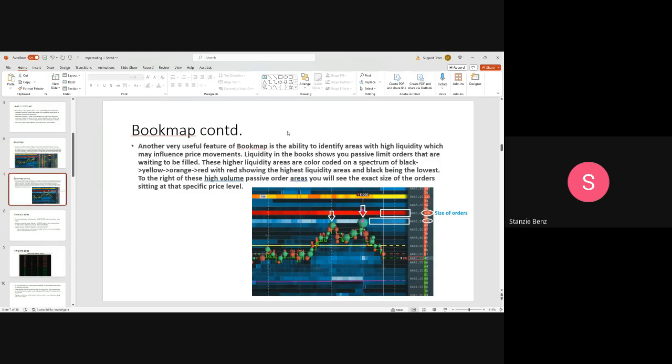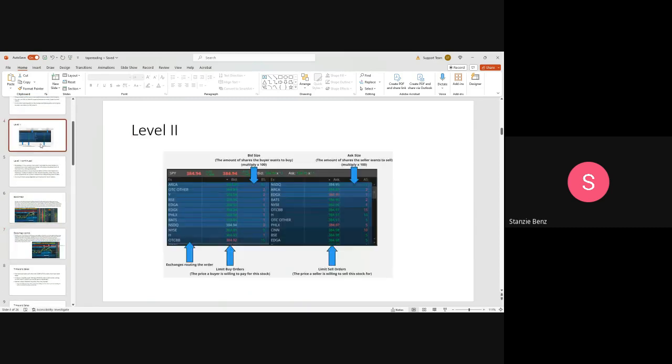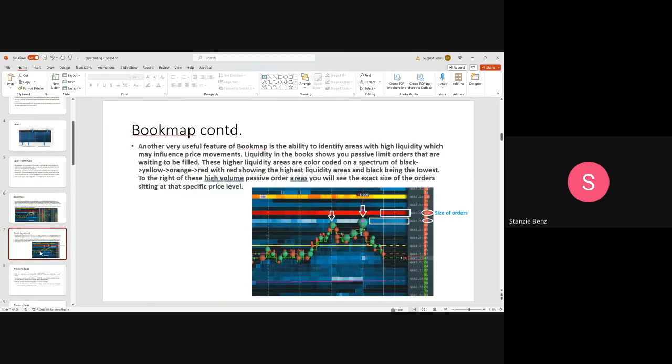Another very useful feature of Bookmap is the ability to identify areas with high liquidity, which may influence price movements. That's what these lines are. These are the orders sitting on the book. It's much easier to understand by just looking at this chart and seeing the orders actually sitting there.